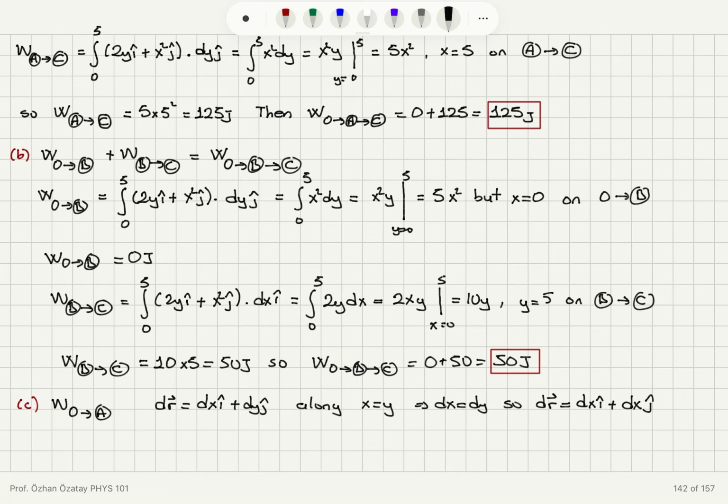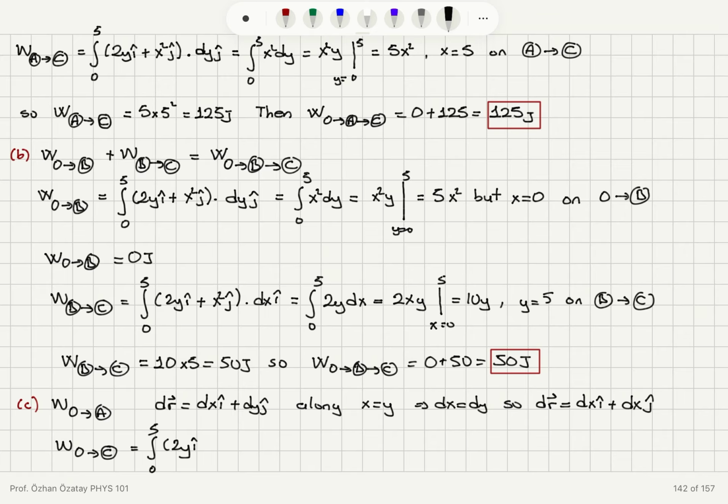Okay, now we can calculate the work done from point O to point C, integral 0 to 5. x is changing from 0 to 5 and y is also changing from 0 to 5.